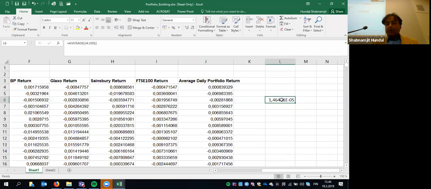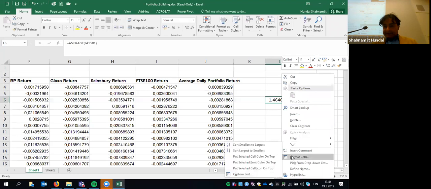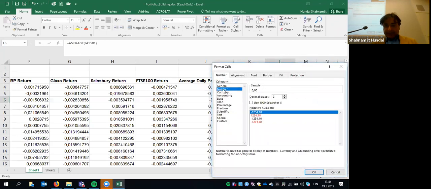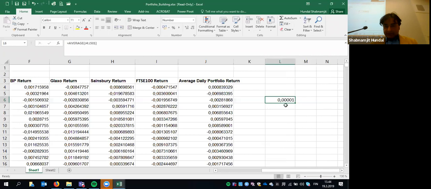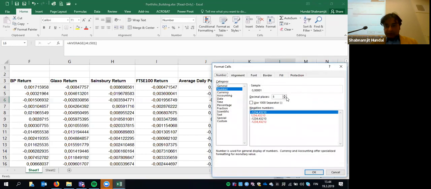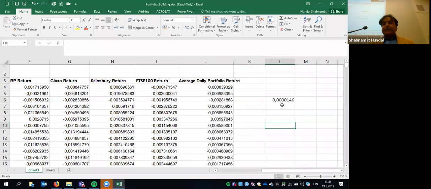This number is too small, so if I go to formatting and change the number to more decimal places, for example, maybe 5. The number is too small.